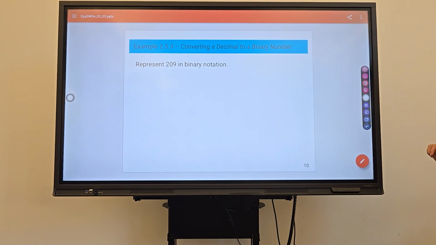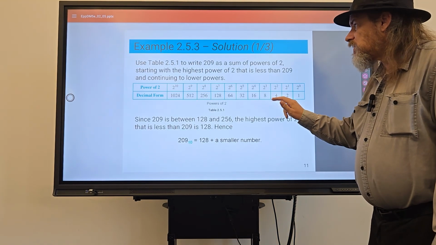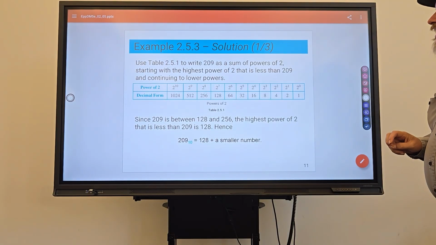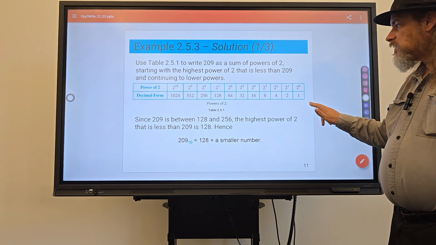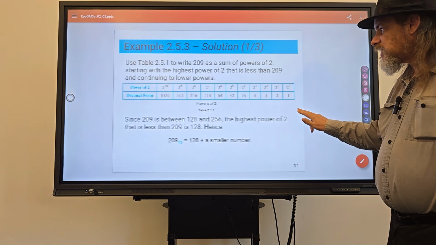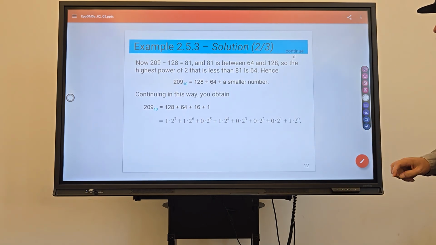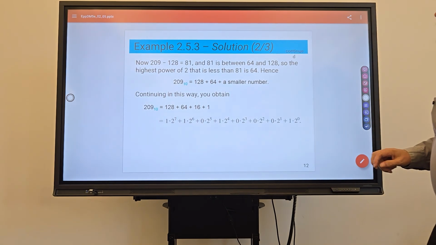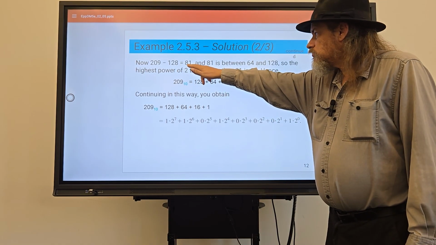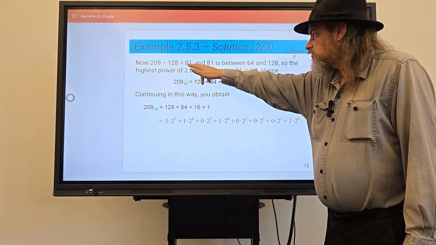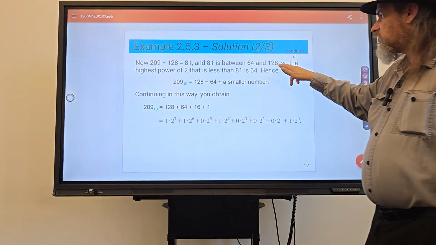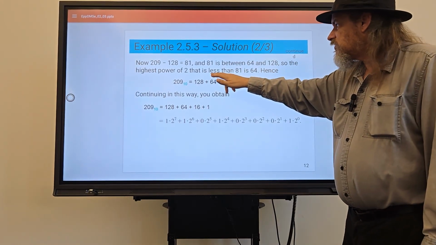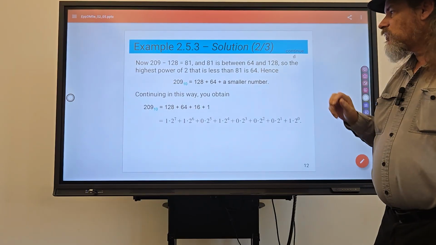Represent 209 in base 10 in binary notation. Well, 2 to the 7th, yeah. And then you subtract 128 from 209, which is 81. 81 is between 64 and 128, so the highest power of 2 that is less than 81 is 64.